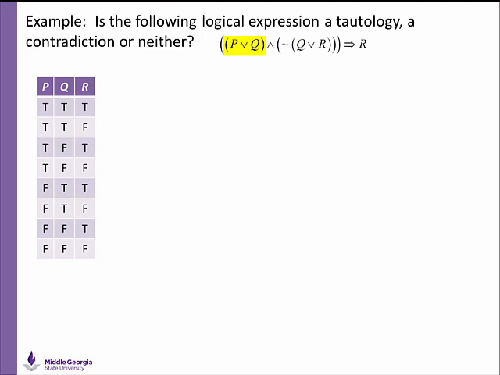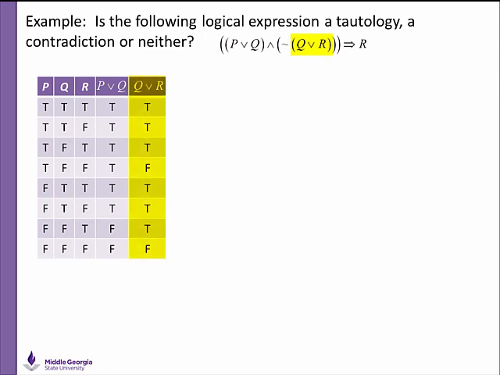We need to start inside the left parentheses with P or Q, a disjunction. A disjunction is only false when both simple expressions are false, and that's the last 2 rows. Now we need to work inside the other parentheses where innermost we have Q or R. Again, only false when both of the simple statements within it are false, and that's in the 4th and 8th row.